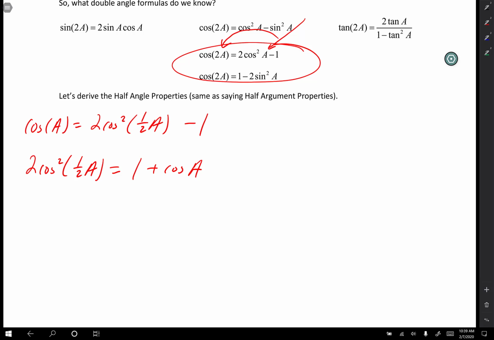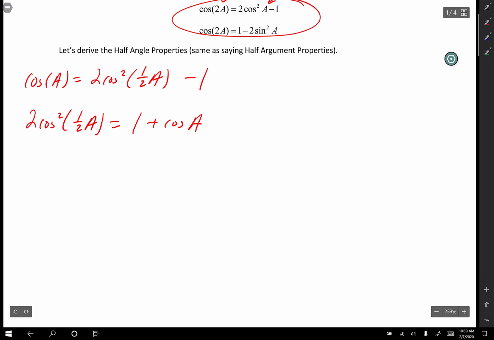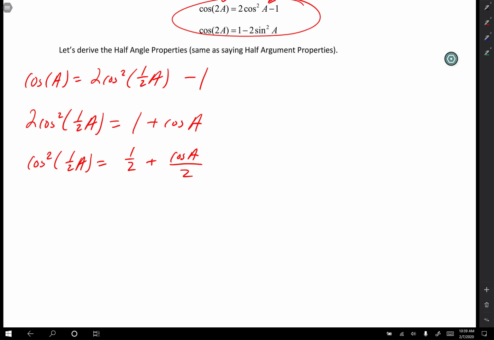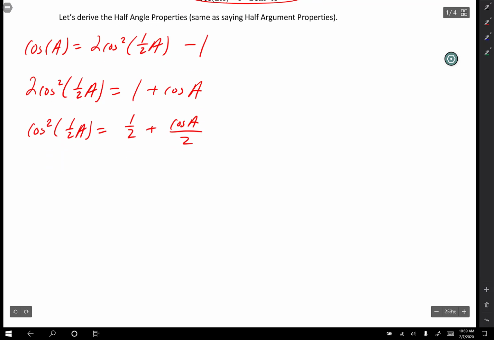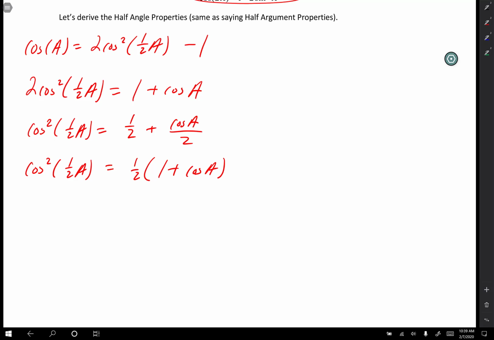Are we still okay? Are you just deriving right now? Yeah, we're deriving. Divide everything by 2. So cosine squared of half A is equal to 1/2 plus cosine A over 2. I can factor out the half to make it cleaner. So it's going to look like this: 1/2 times (1 plus cosine A). Some people don't think that's necessarily cleaner, but that's fine.